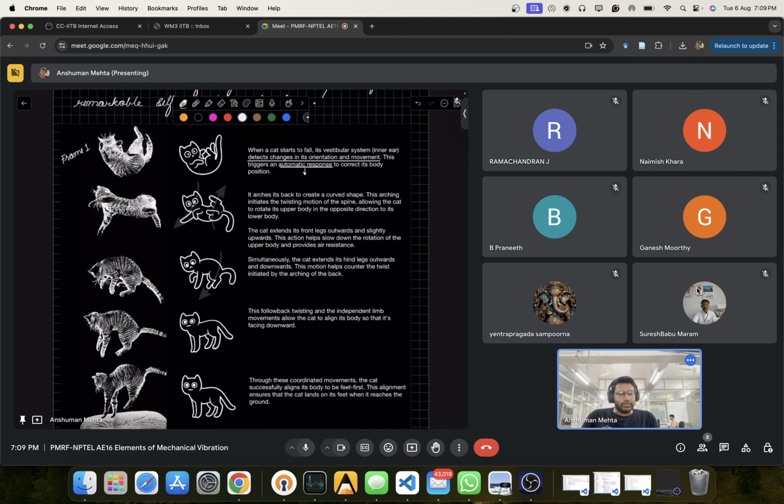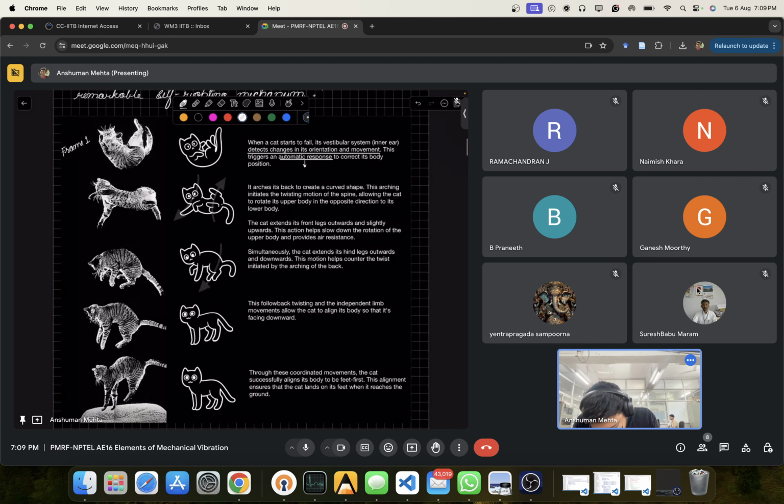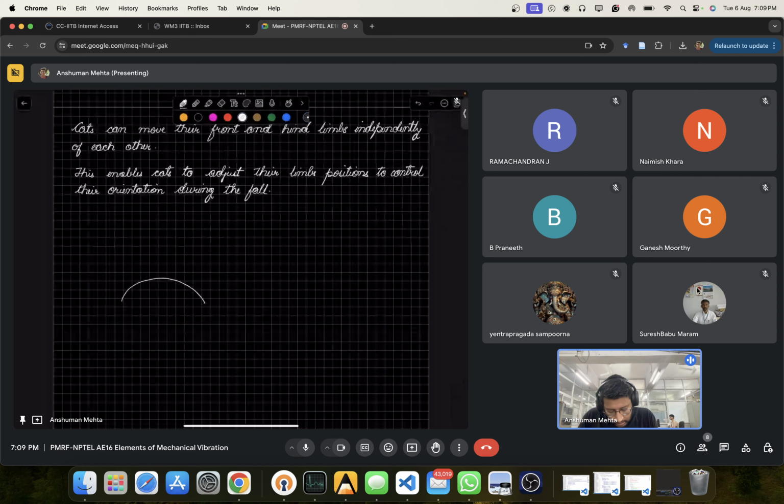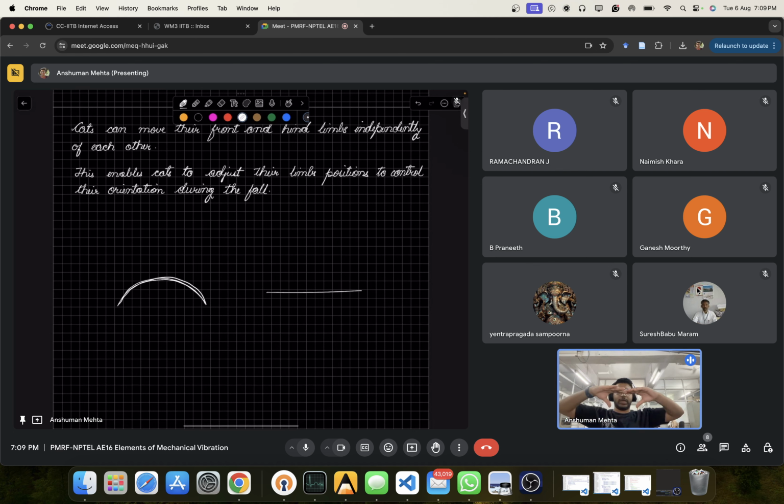The first movement, in frame 2, is that it arcs its back. So what is the arc? You have seen it. If something is straight, this is an arc. The cat's legs were like this, and like this, it arcs.